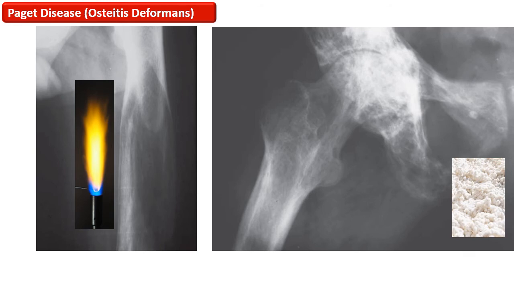As the disease advances, it is radiologically characterized by a cotton wool appearance, that is, the presence of cortical disorganization and irregular coarse trabeculation. So this cotton wool appearance is characteristic of late Paget's disease.